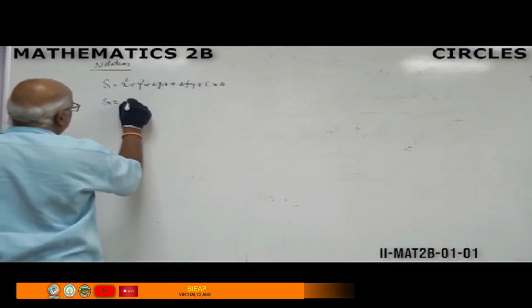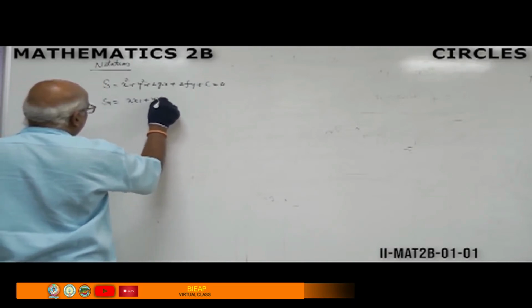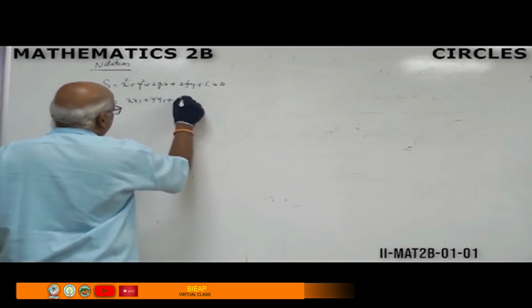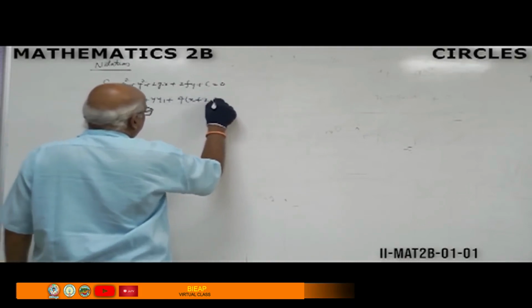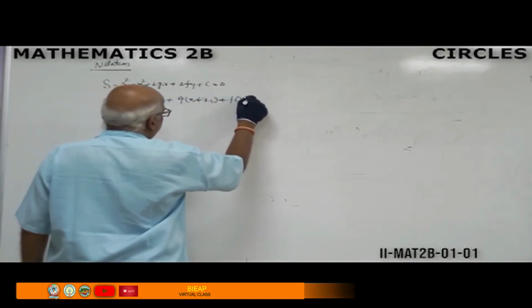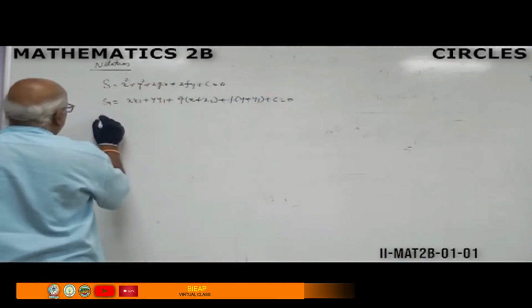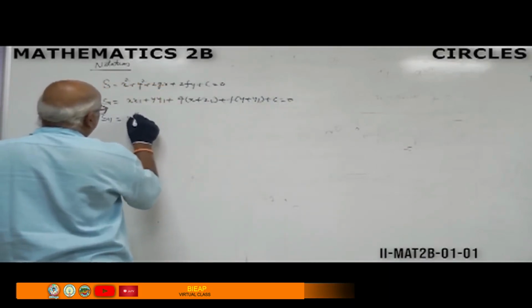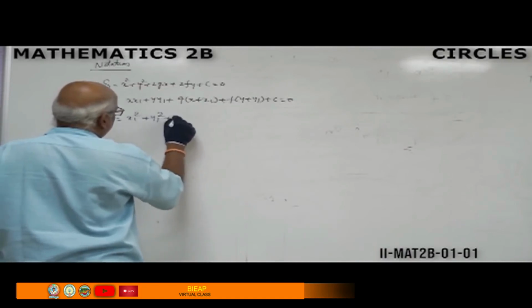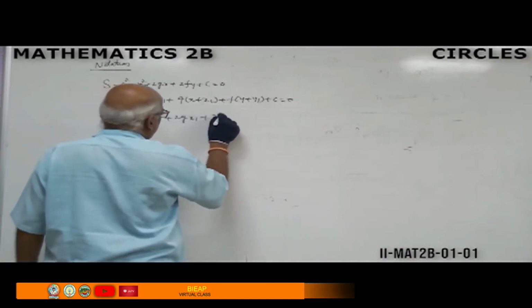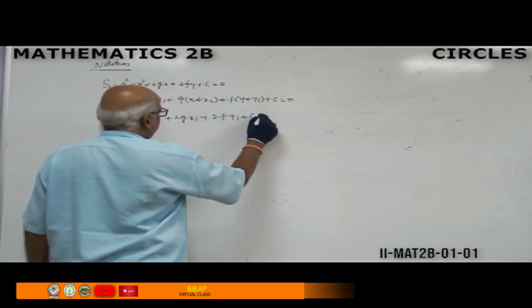S1 means xx1 plus yy1 plus g into (x plus x1) plus f into (y plus y1) plus c. S11 is x1 square plus y1 square plus 2gx1 plus 2fy1 plus c.